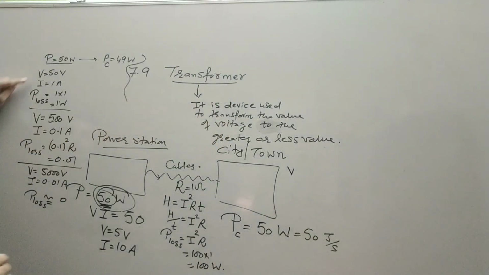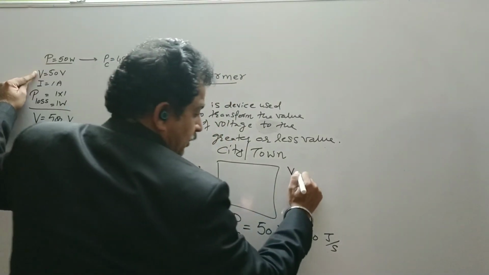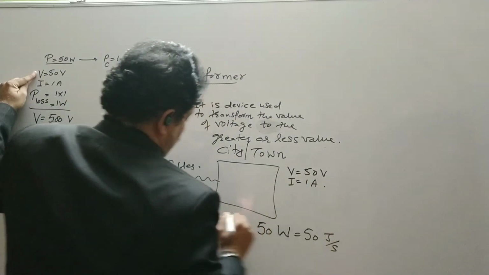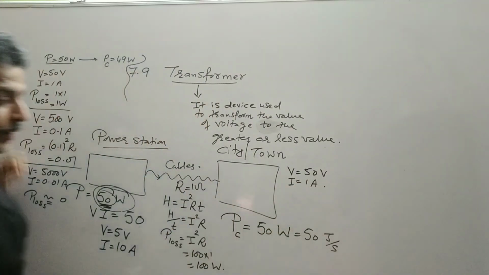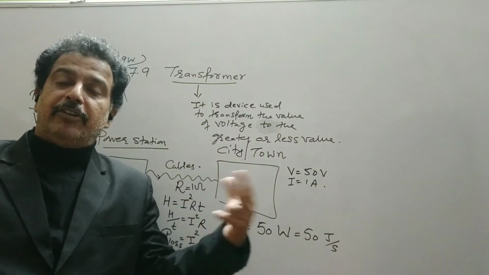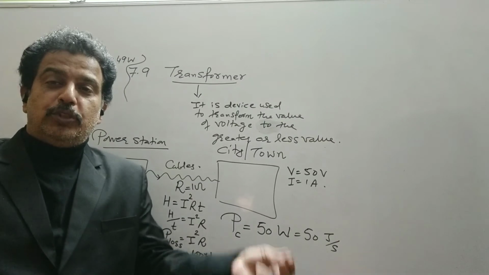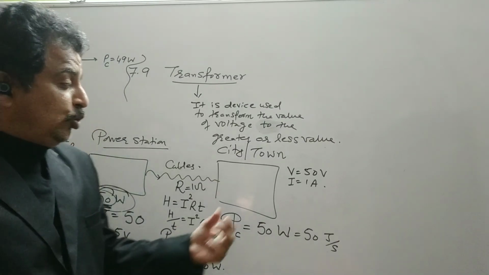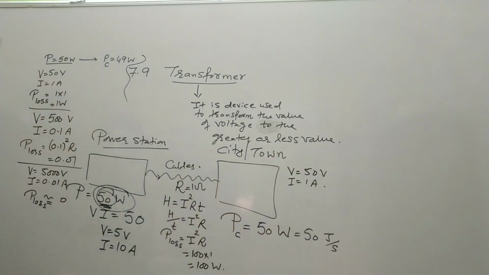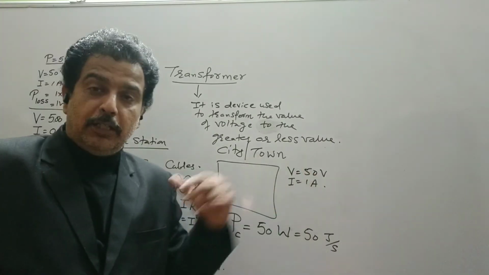Now when the 50 watt supply reaches the city or town, let us take this example, the voltage is 50 volt and the current that came through the cable wire is 1 ampere. Now in the city or town, different devices have different requirements. Suppose a device requires 10 ampere of current to operate, or the device requires 5 volt.